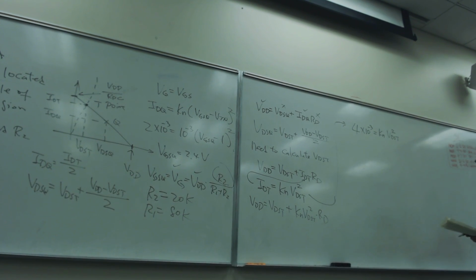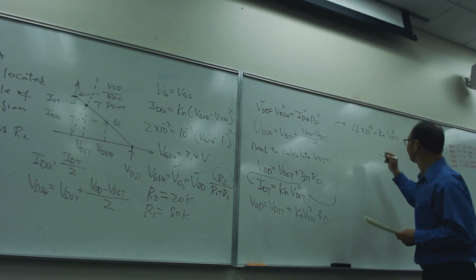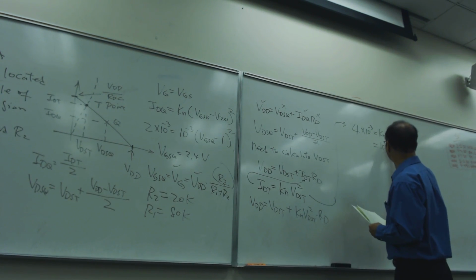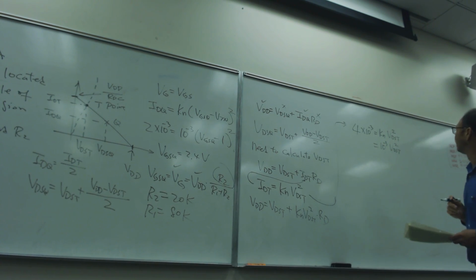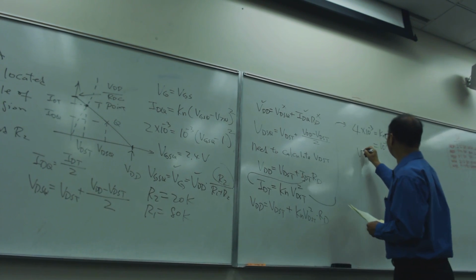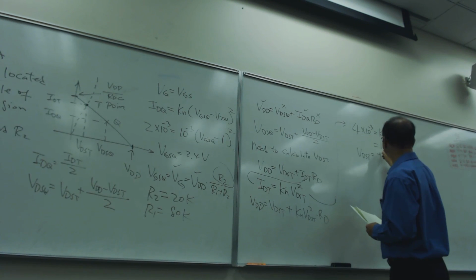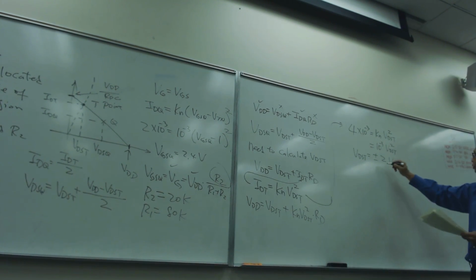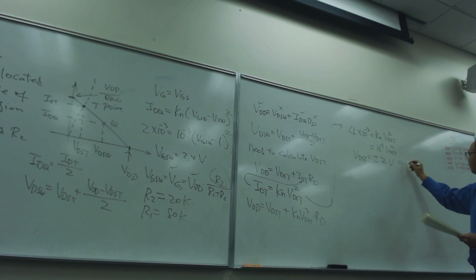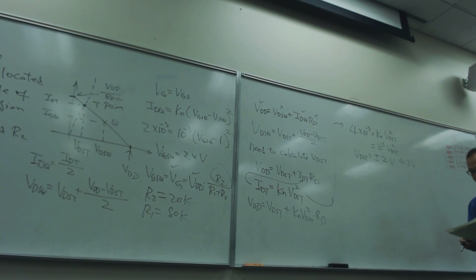And Kn is 10 to the minus 3, times VDST squared. So therefore, VDST is plus or minus 2 volts. Now, of course, you don't use minus 2, so you use plus 2 volts.